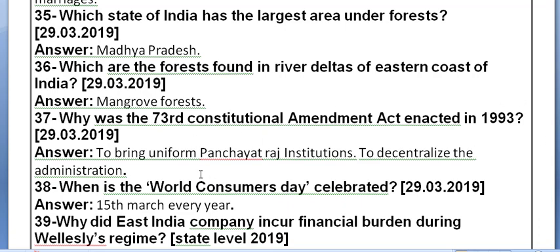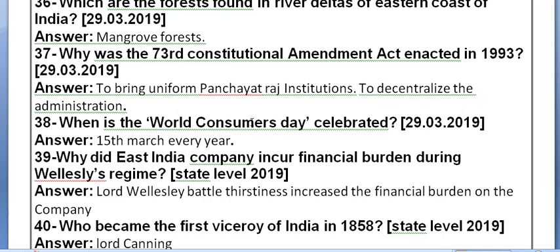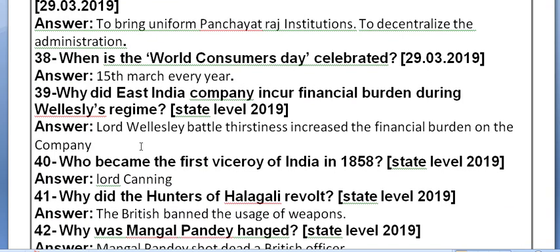To bring uniform Panchayat Raj institutions and to decentralize the administration. When is World Consumers Day celebrated? 15th March every year.